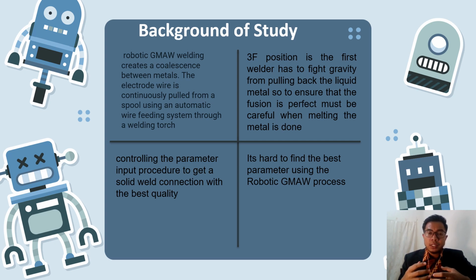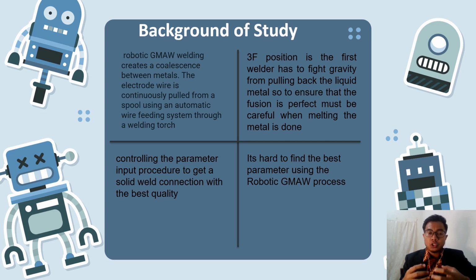At first, the welder has to fight against the liquid metal pulling back. So to ensure that the fusion is perfect, they must be careful when melting the metal. For example, a 3F position is very hard to do.